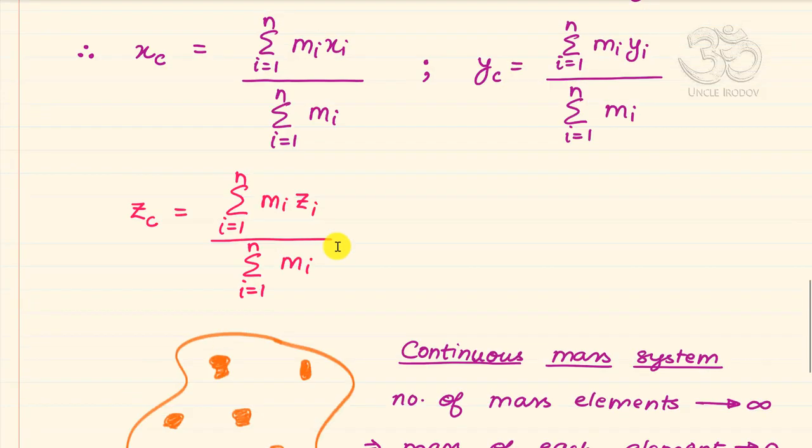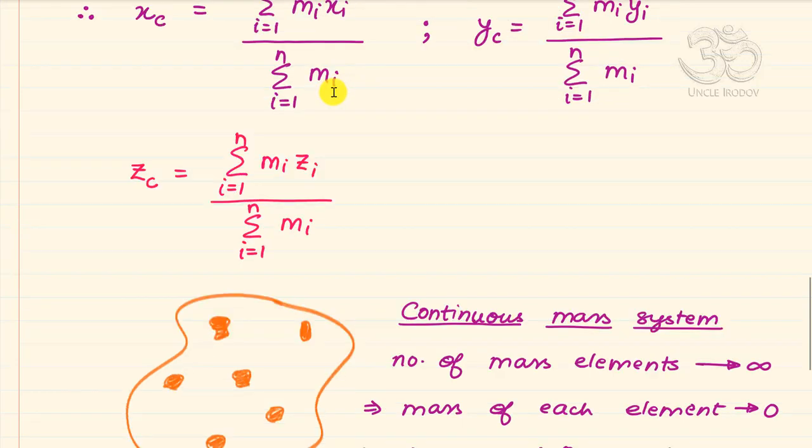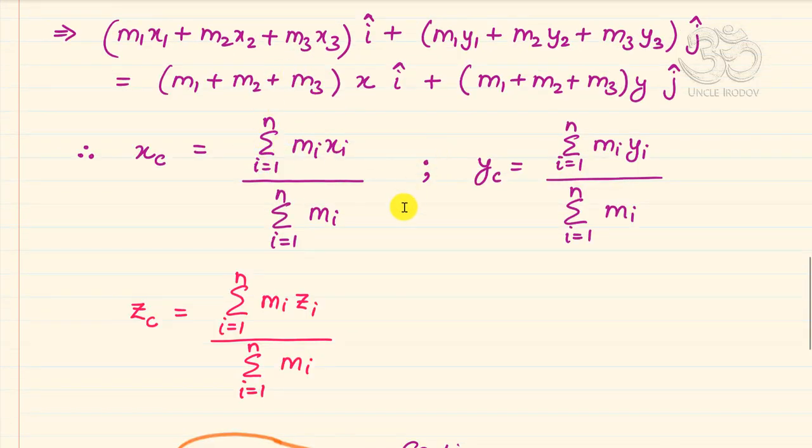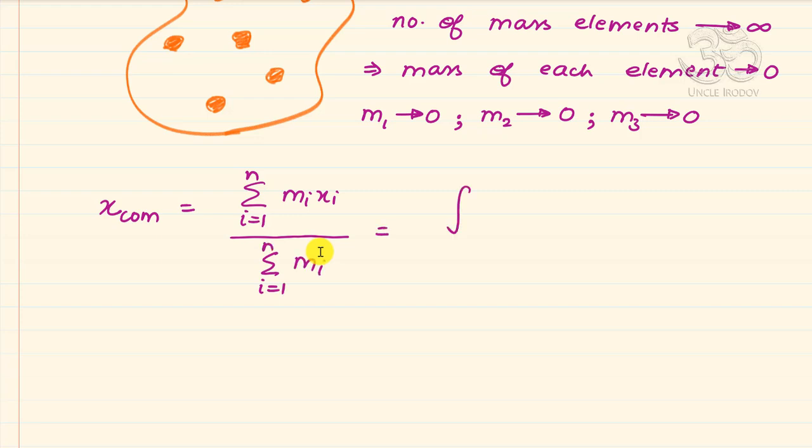So these terms will look like dm1 into x1 plus dm2 into x2 plus dm3 into x3 and so on, where a general way to write that is integral of x dm. So the x center of mass, that I have figured out to be summation of i equal to 1 to n mi xi divided by summation of i equal to 1 to n mi, can be rewritten as integral of x dm divided by integral of dm.